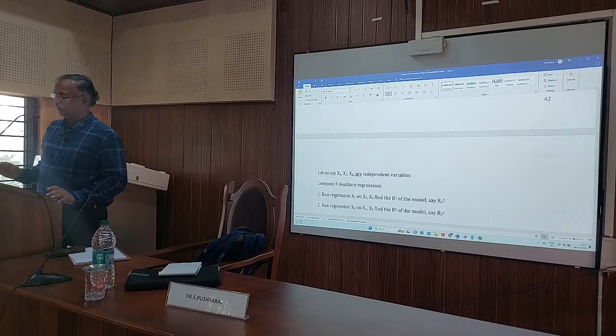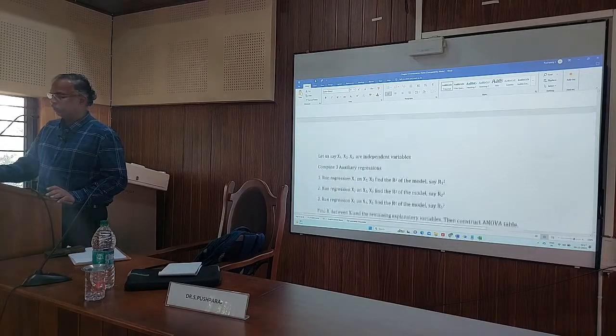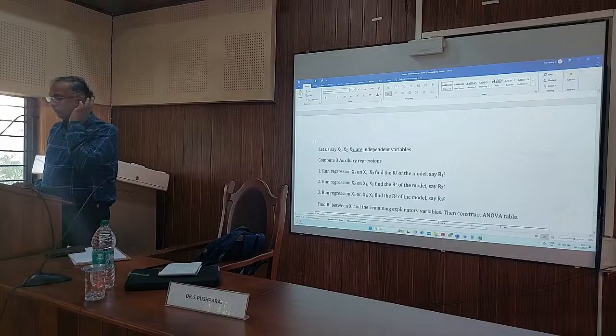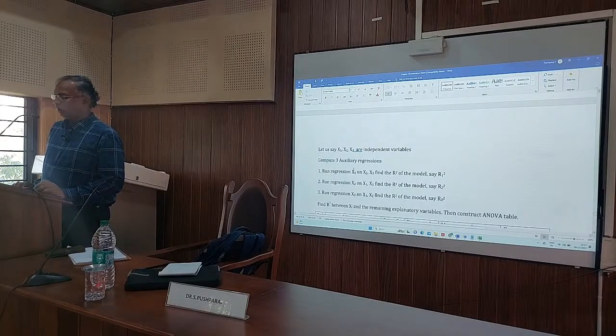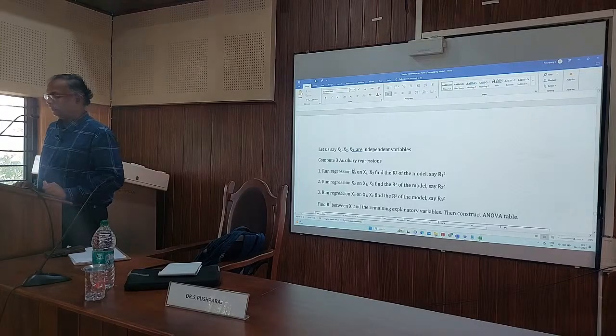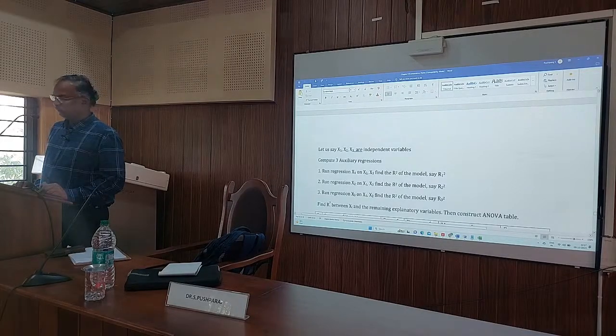For example, if you have 3 independent variables, the Farrar-Glauber test says you have to run 3 regressions: one regression of x1 on x2 and x3, the other regression of x2 on x1 and x3, and the third one x3 on x2 and x1.